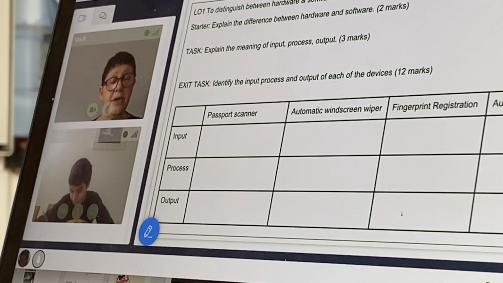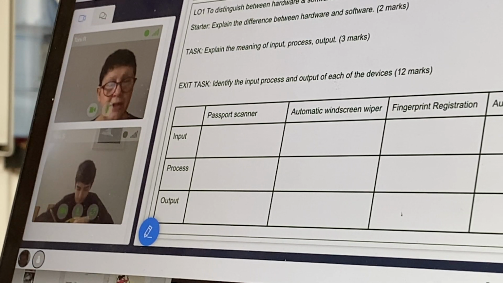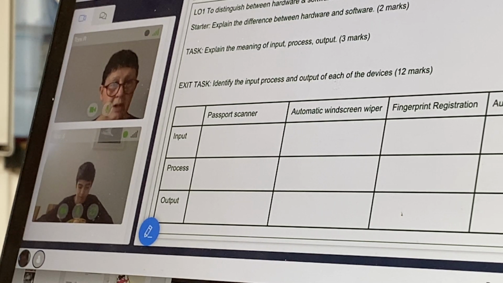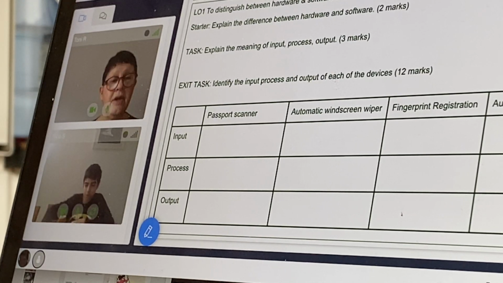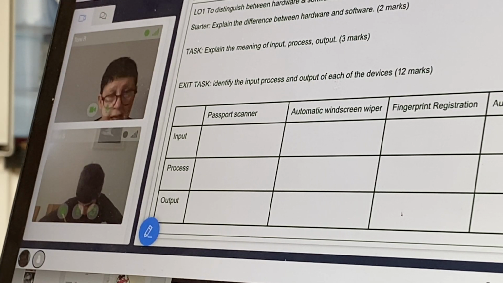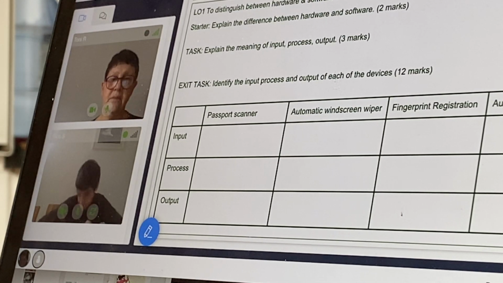So what is the input for the passport scanner? What is it doing? Use that same word that begins with S there, that's on the screen. What's it doing to the passport? Scanning the code. Good. So the input, scan code.